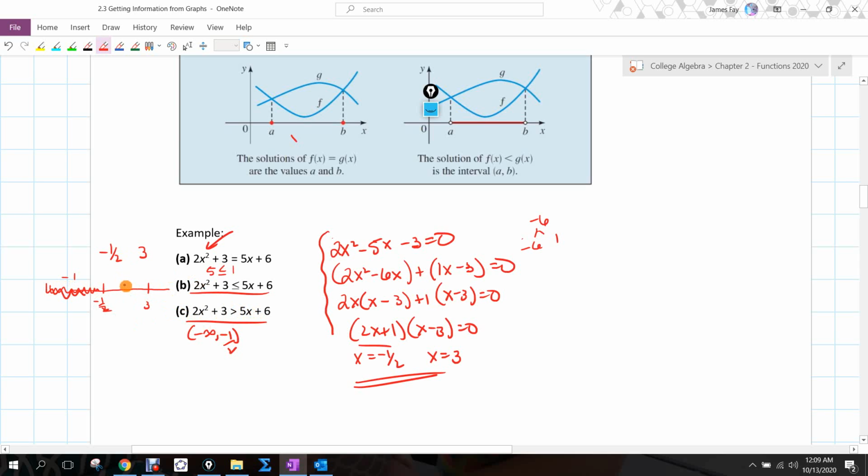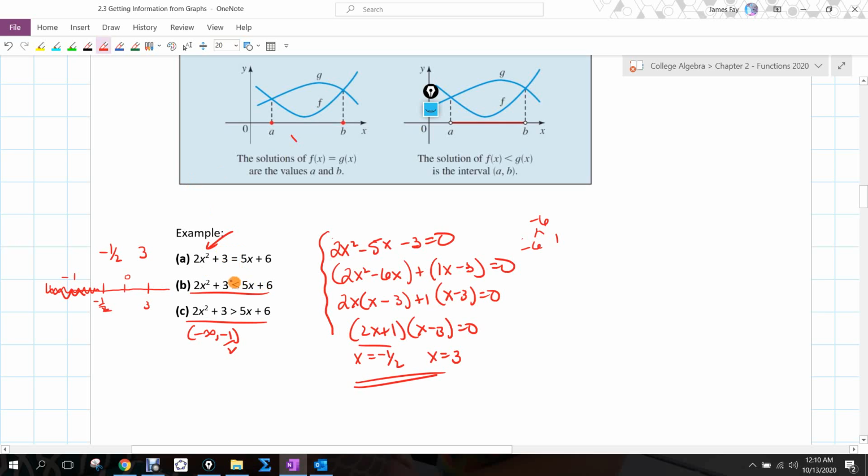Now I'll try a number like 0. If I plug 0 in here, I get 3 on the left-hand side and 6 on this side. Does that give me a true statement? Is 3 less than or equal to 6? Yes, it absolutely is.